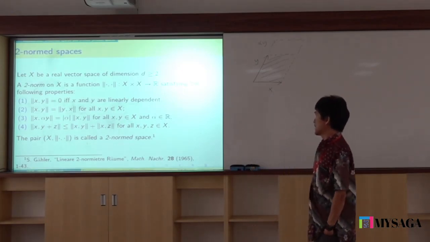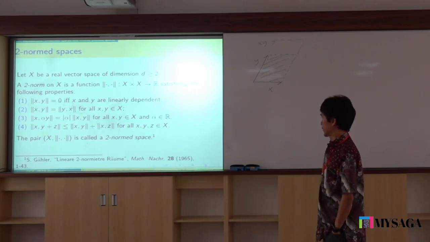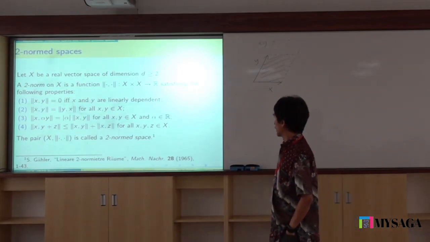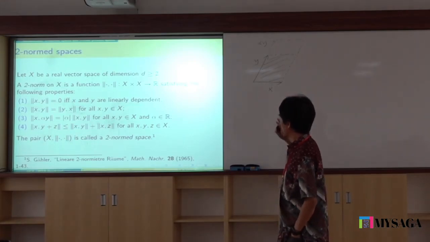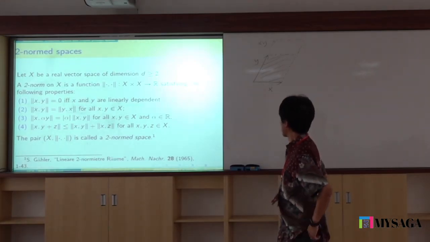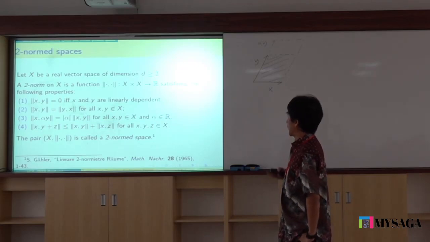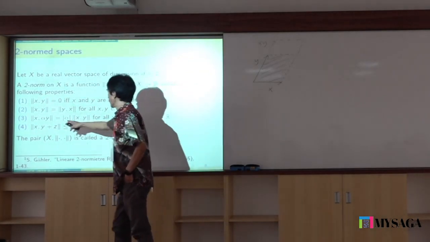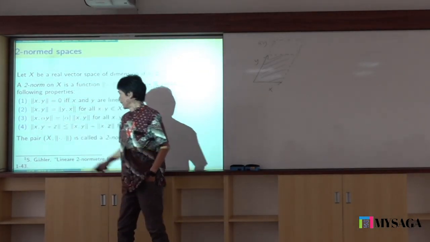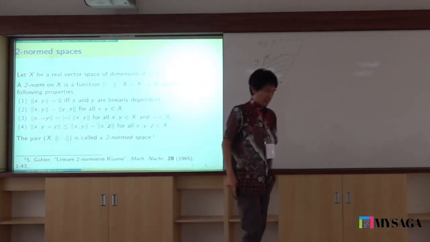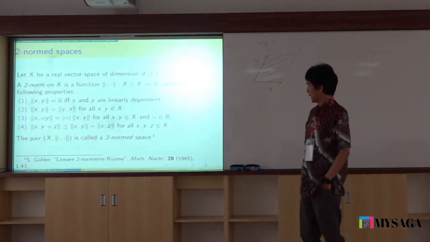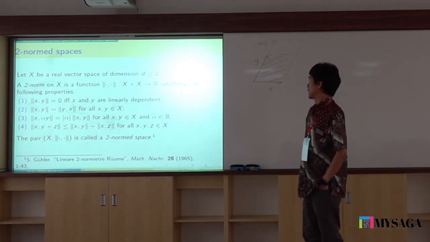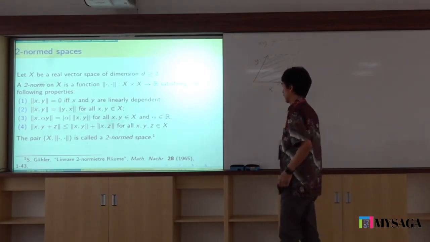And the last one is the triangle inequality. You can imagine what happens if you have y and z, and you think about the area spanned by x and y plus z compared to the area spanned by x and y and the area spanned by x and z.